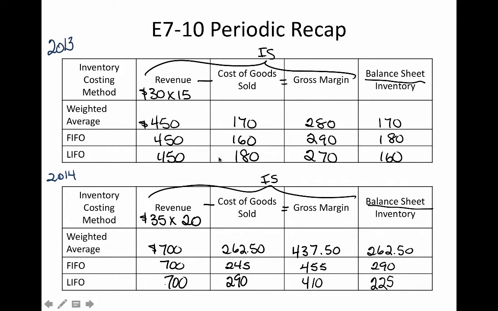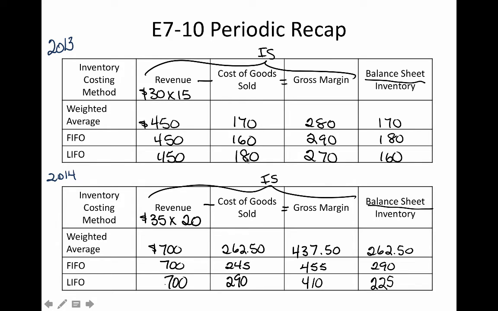Notice that for LIFO, because costs were increasing, the last ones in, the most costly goods, showed up in cost of goods sold. Thus, cost of goods sold is the largest number under LIFO because costs were increasing. So if cost of goods sold is the largest number, that means gross margin will be the smallest number, and net income also will be the smallest number under LIFO.